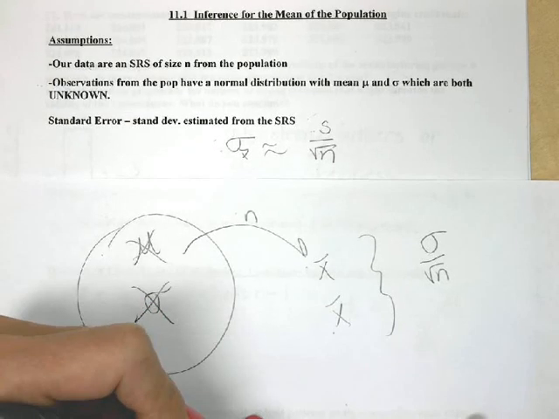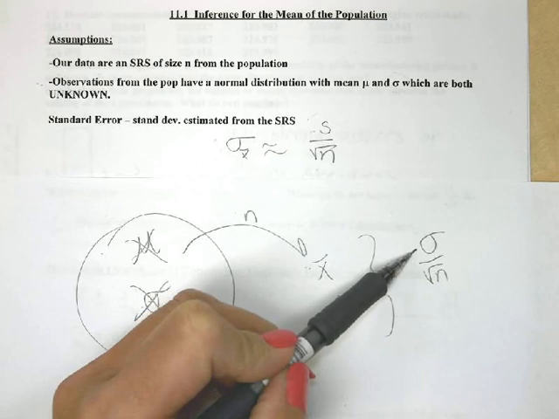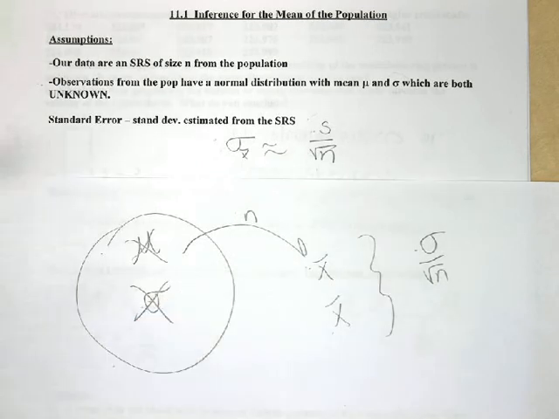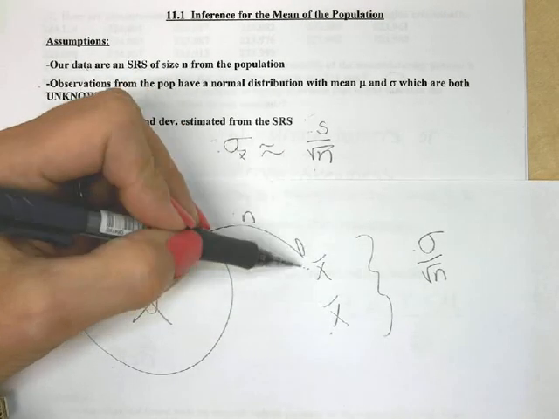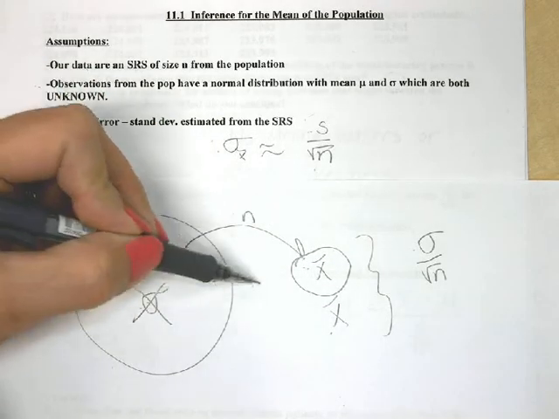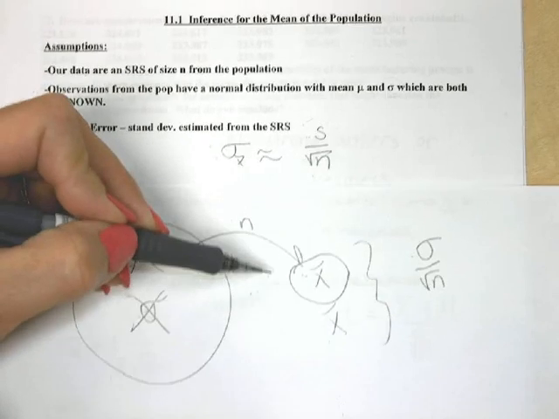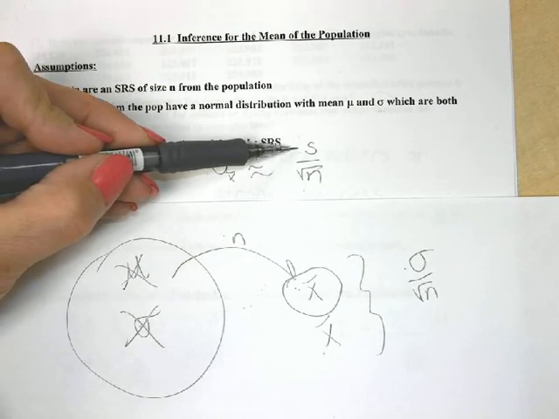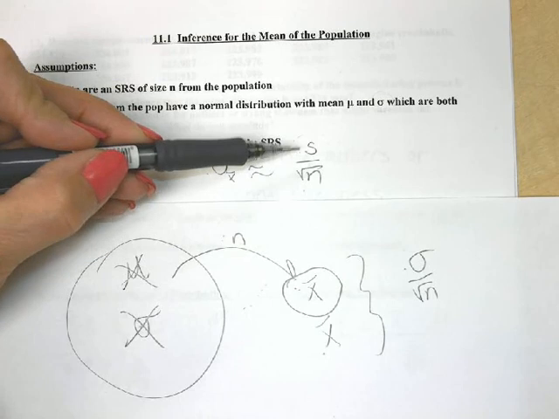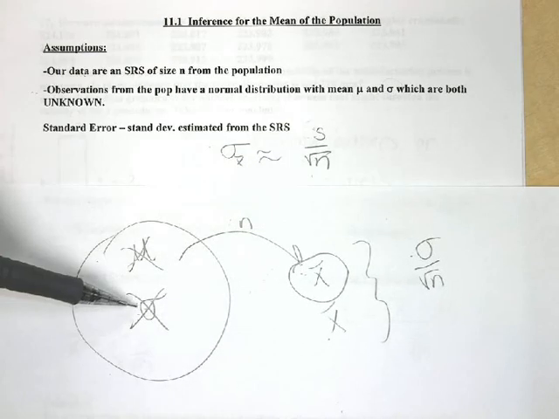These X bars are going to vary, we know. In Chapter 10, we knew what this standard deviation was. Now we're going to have to utilize this sample of n numbers, look at all n individual scores that were used, and calculate the standard deviation of those individual scores. We're hoping this S value is very close to the population standard deviation.